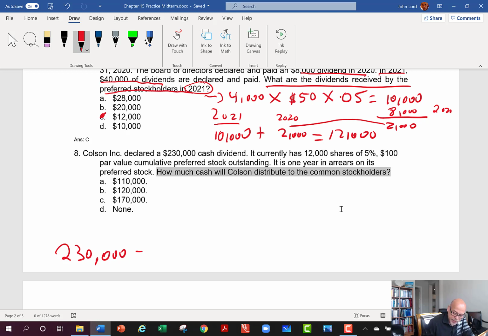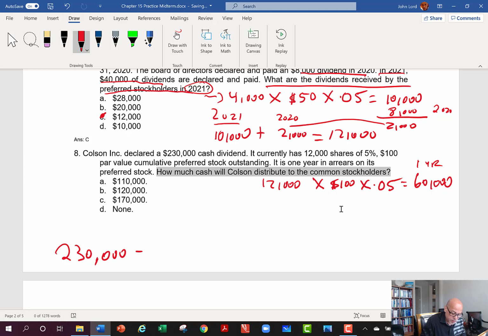If I take the 12,000 shares of the preferred, multiply that by the $100 per share, and then multiply by the 5%, by the way, guys, we've had 2 questions in a row that have 5%, but it doesn't have to be 5%. It could be any percentage associated with that preferred stock. We end up with 60,000. Well, that's 1 year's worth. That happens every year for this stock.